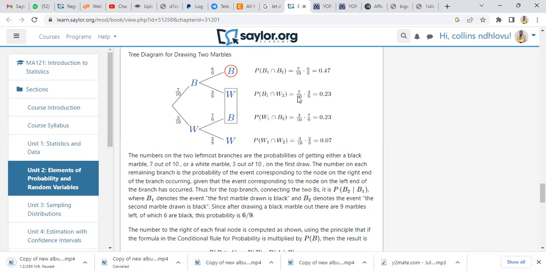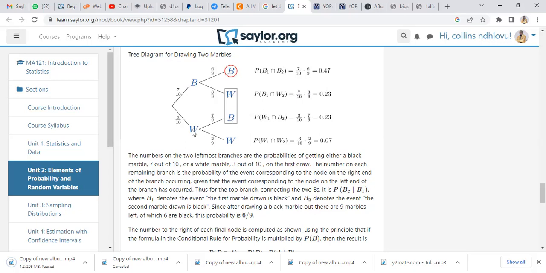But since one black one has come out, how many balls are remaining? There are 9 in total. And all the whites are still intact. So the chance of picking a white ball is 3 out of 9. So when we apply this, we get 0.23.